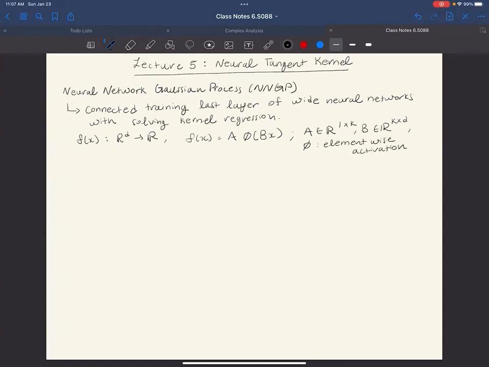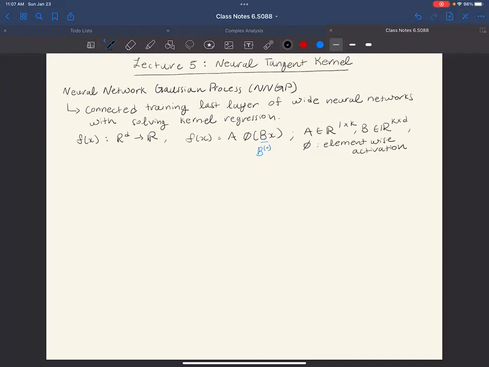Common examples were ReLU or sigmoid or any of the other ones you would have seen in practice for neural networks. And in this setting, what we did, and I'll draw it in blue here, is we just thought of the matrix B as initialized with some random values, B naught, and just frozen. So when we minimized this square loss with gradient descent for neural networks, we would only ever update the parameter A.